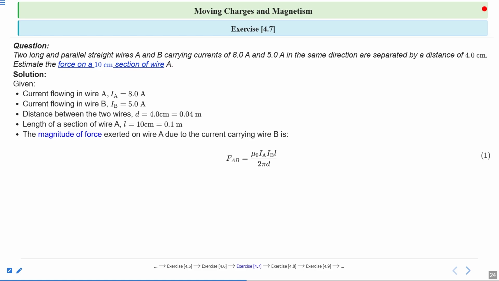So FAB, force on A conductor due to B conductor, due to magnetic field produced by B conductor, is equal to mu naught IA IB L upon 2 pi D. Mark it as equation one, where mu naught is permeability of free space having value 4 pi into 10 to the power minus 7 Tesla meter per ampere.